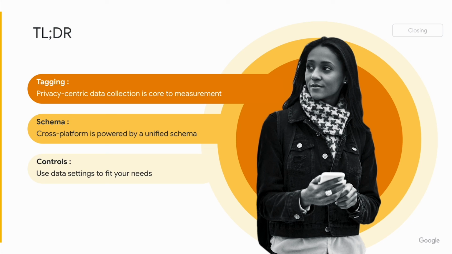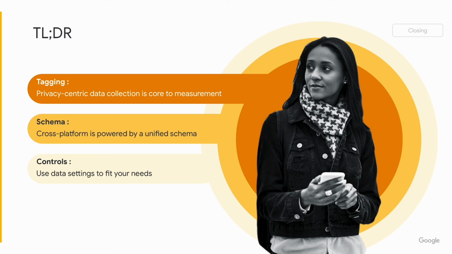Through tagging and gtag.js, Google Tag Manager, or through one of our SDKs for mobile measurement, you're able to specify the types of user interactions as events, parameters, and user properties to send the raw data that GA4 needs to liven up the reports that are offered to you.